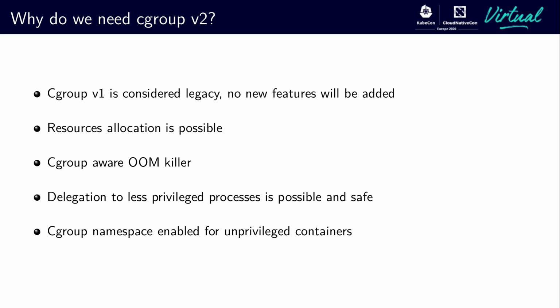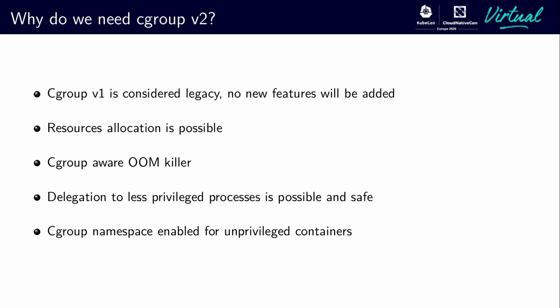So why do we need cgroup v2? Well, there are various reasons, as we saw before with issues related to cgroup v1. The most important one for having the switch to cgroup v2 is that cgroup v1 is considered legacy, and as such is named in the kernel. Also, no new features will be added in the future.